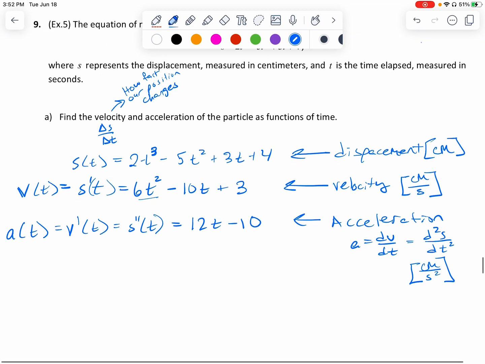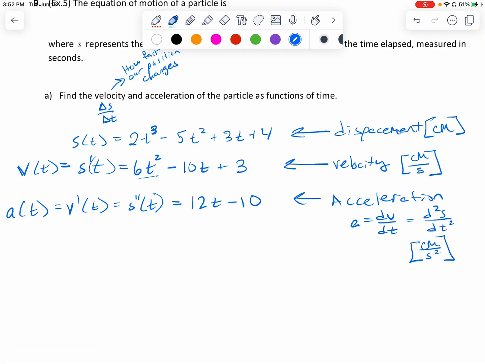If I wanted to find the jolt, that's not on this exact, so this is a little extra credit here, a little extra just for fun. If I wanted to find the jolt, then I would take that acceleration function, which would be the second derivative of the velocity function, or the third derivative of the position function. Those are all the same thing.